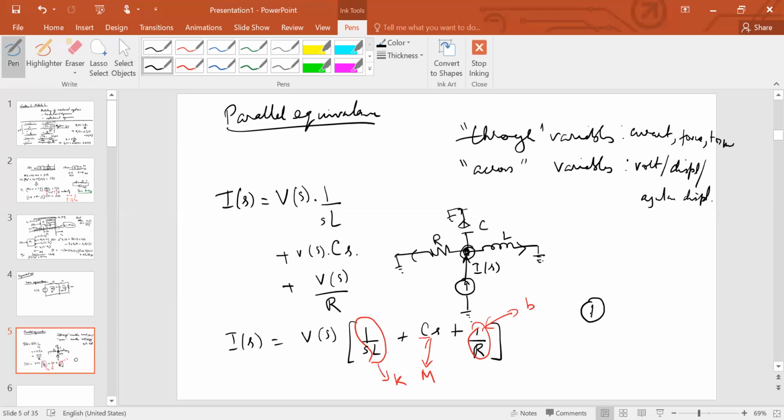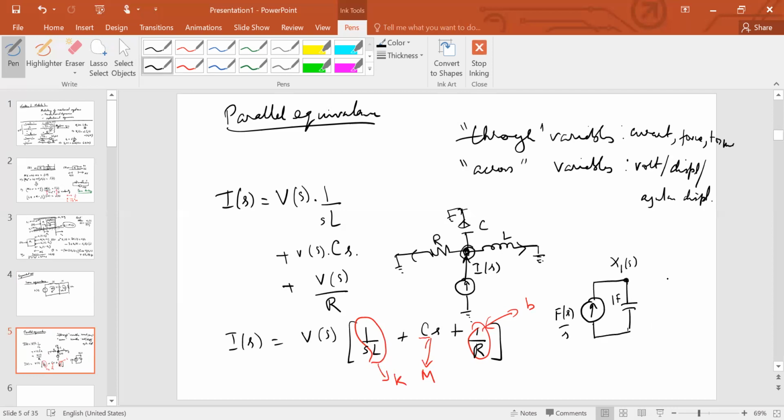Let's call this the current source, which is Fs over S. Suppose the voltage at this junction is given by X1 of S. Then this is going to be a 1 farad capacitance here.